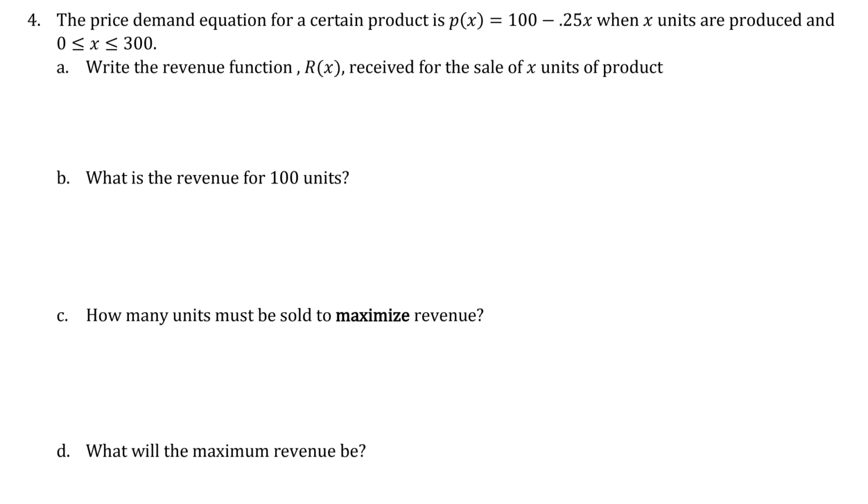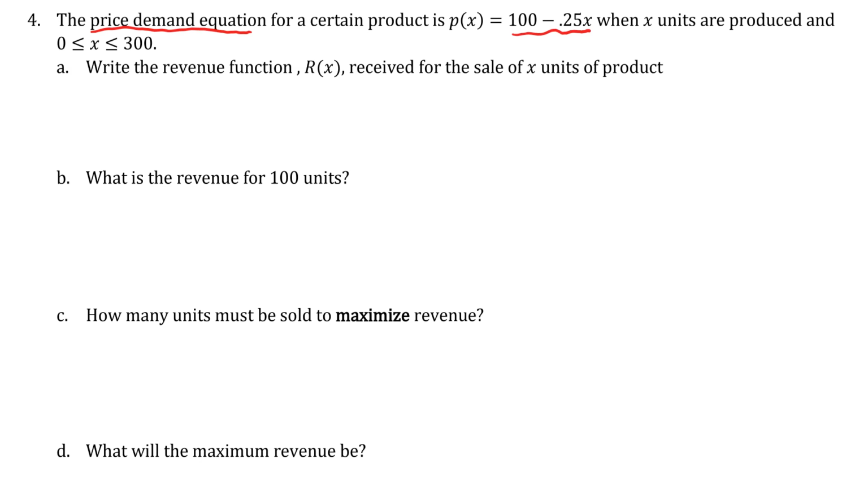Right, so let's break this down just a bit. So first off, the price-demand equation. That's what this right here is. What that means is it's just the price if you make a certain amount of the item. So if you made 1 billion of an item, people may not actually need 1 billion of that item.